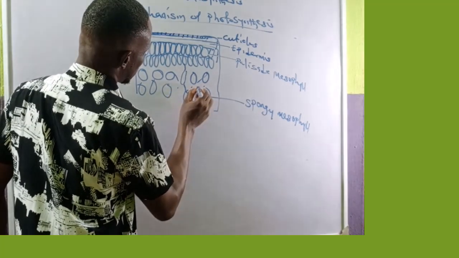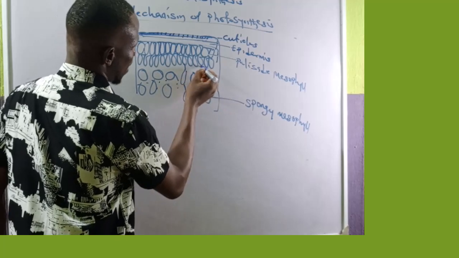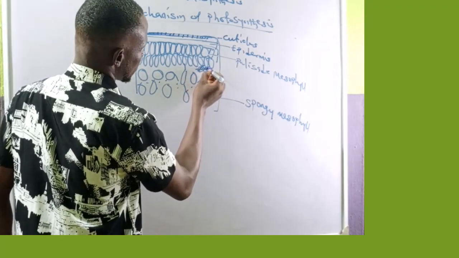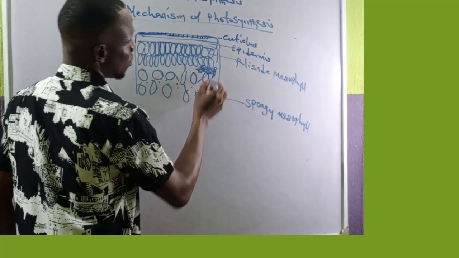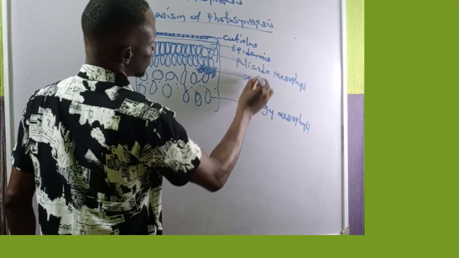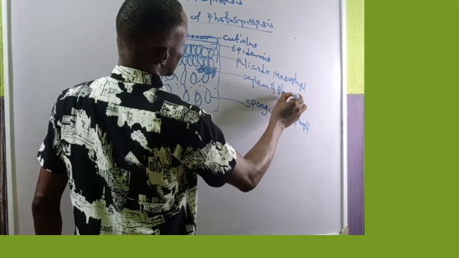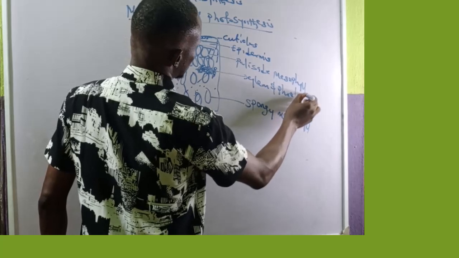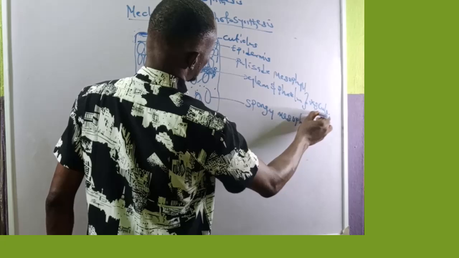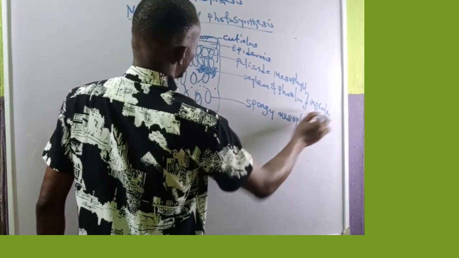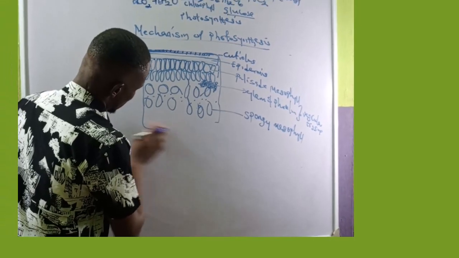The space is the air space. We have a structure here that contains the vascular bundles in the leaf, the xylem and the phloem, which is the vascular tissue in the leaves of the plant.